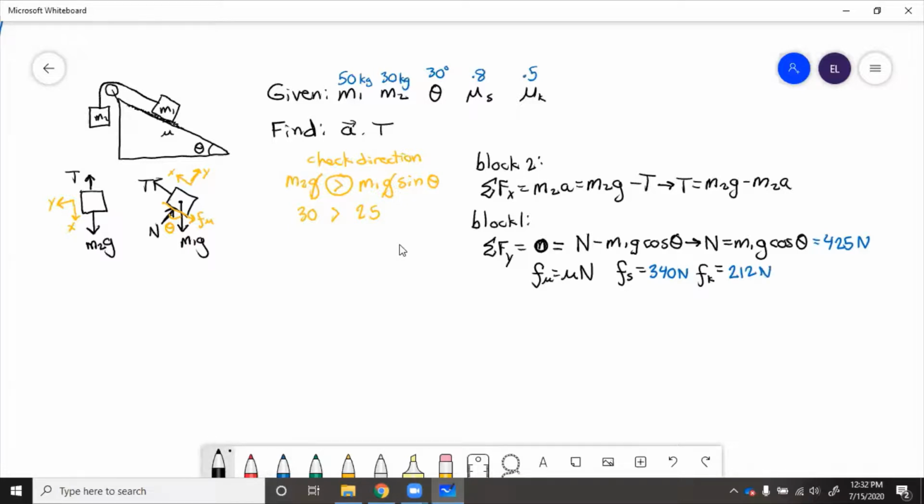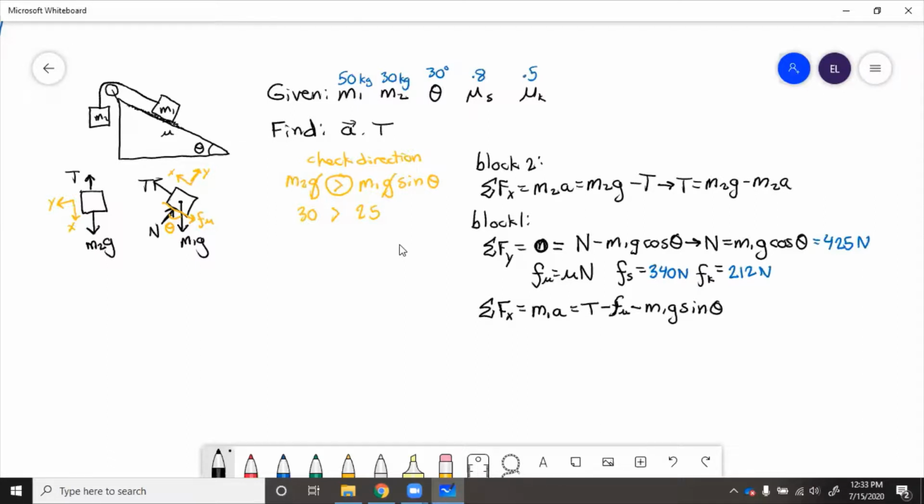So now we can continue and write the x equations. So mass times acceleration in the x direction equals tension pulling up minus the friction force minus the component of the weight pulling down.